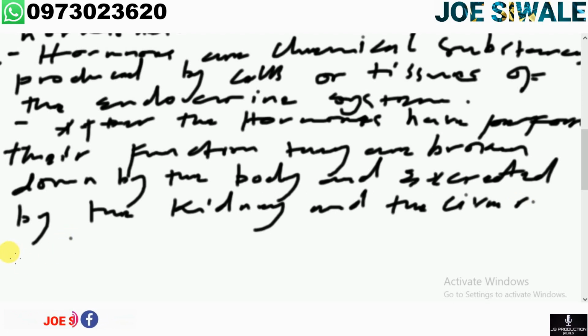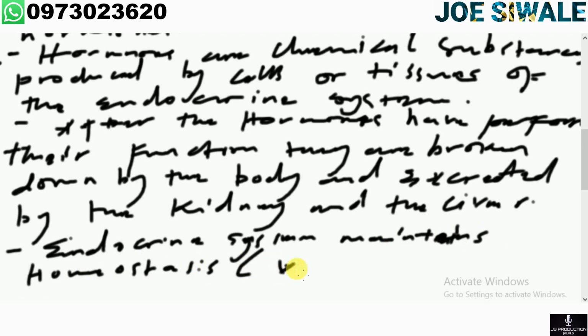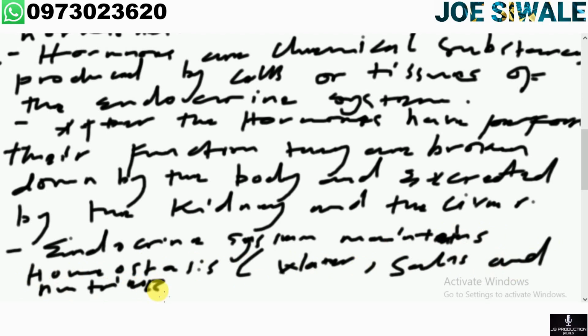So the endocrine system maintains homeostasis by keeping the water levels, the salt levels, and the nutrient levels correct in the blood.